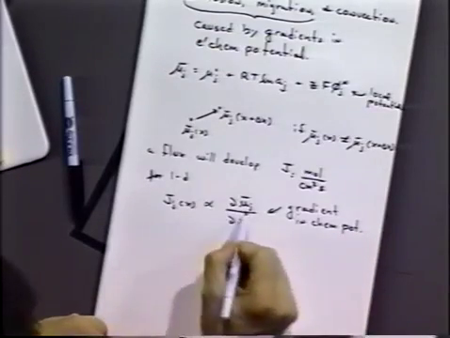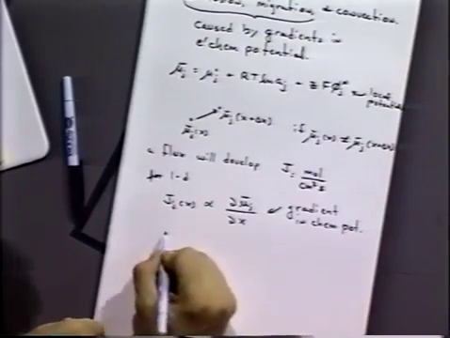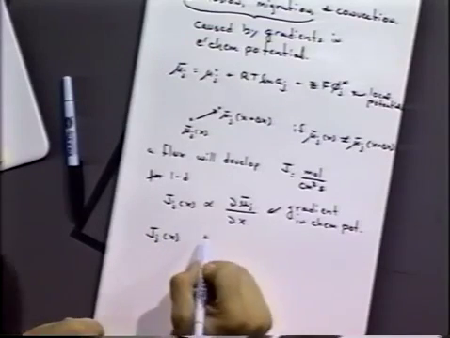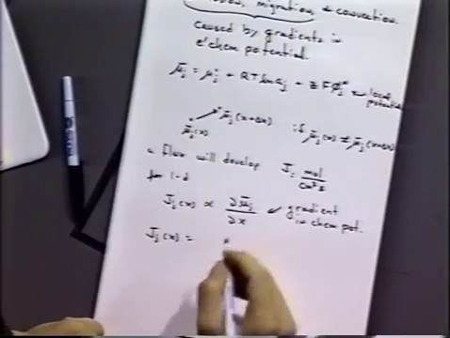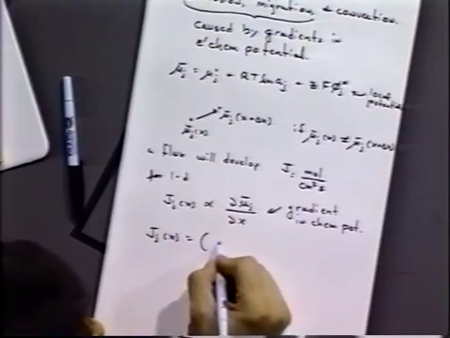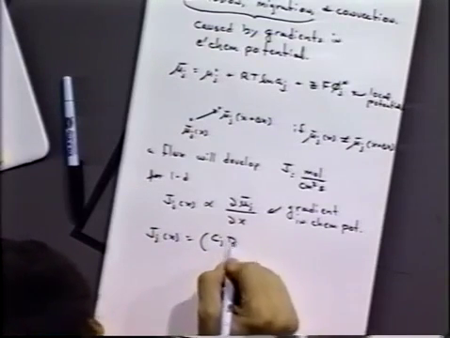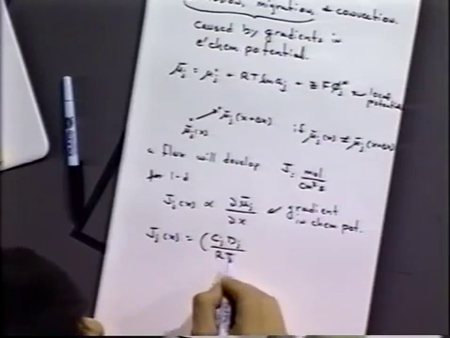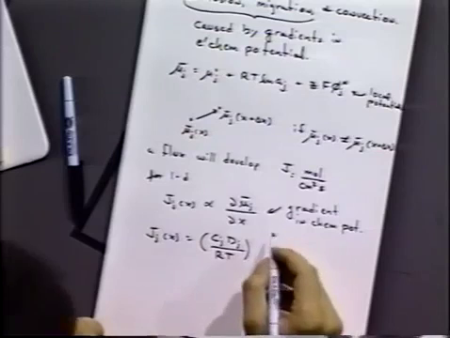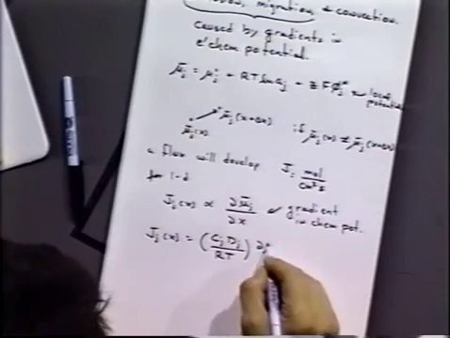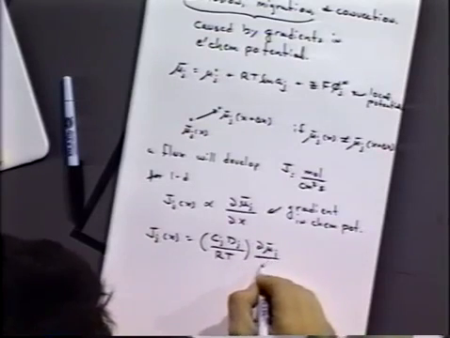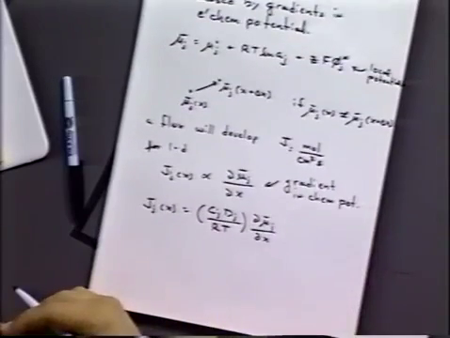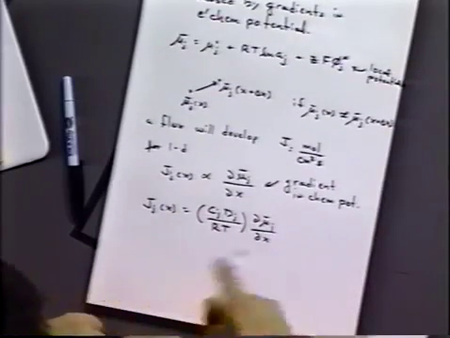Now, it's not directly proportional, so what we'll do is put in the proper units that we'll have to have for electrochemical systems. And what we basically find is that our flux is going to be equal to the concentration of species j, C sub j, times the diffusion coefficient of species j, D sub j, divided by the gas constant and temperature, RT, times the derivative of the electrochemical potential, or the gradient of the electrochemical potential. All right.